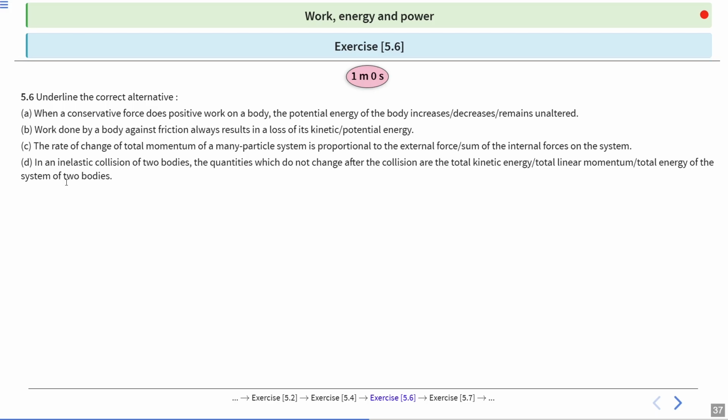D: in an inelastic collision of two bodies, the quantities which do not change after the collision are total kinetic energy, total linear momentum, total energy of the system of two bodies. So here you have to just underline the correct alternative. Think about it and please solve this.